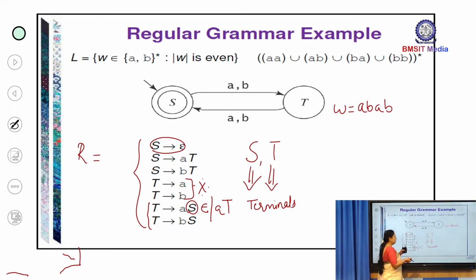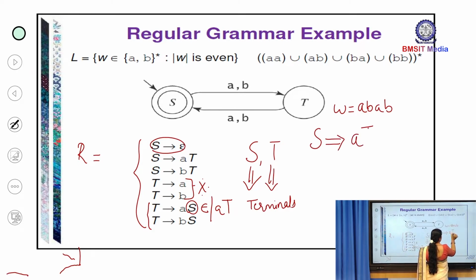Looking at the sequence of the string, I can take the first production. This is the derivation symbol: S derives AT. Now in each and every step I have to replace the obtained non-terminal with its equivalent production.